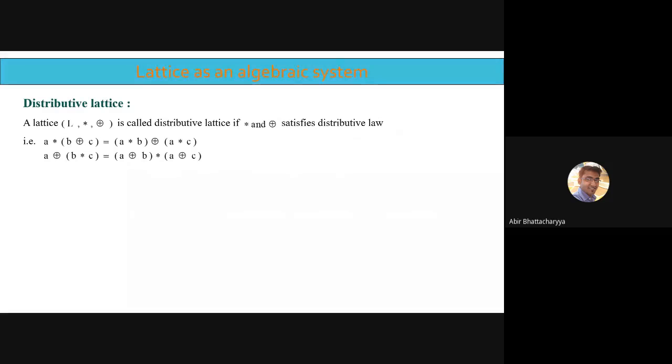All right, so these are the distributive properties we have to check.